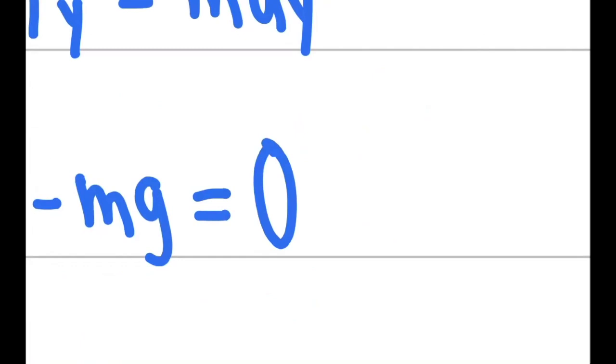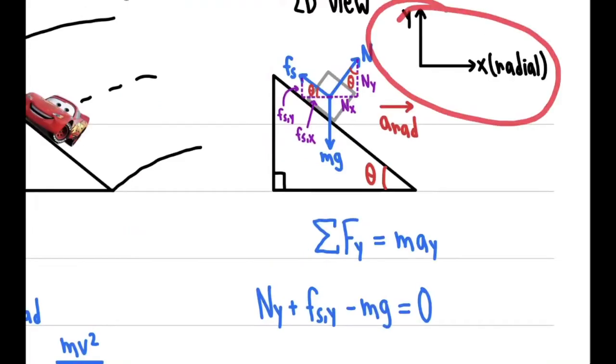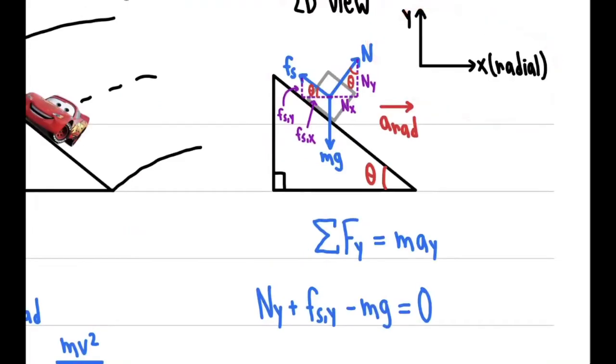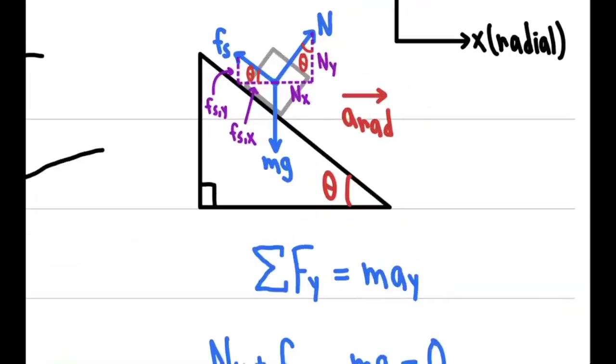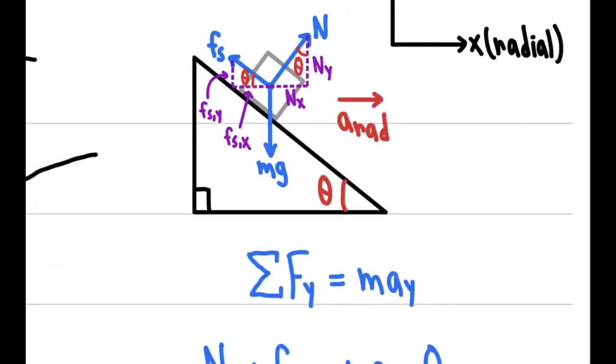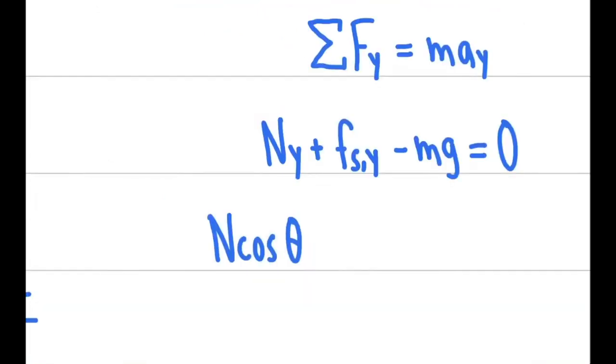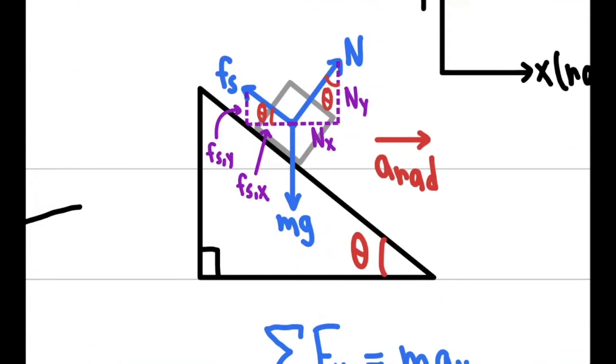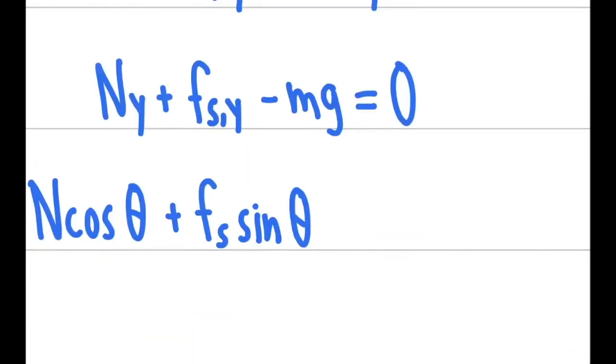So this equals 0. That's why I chose this coordinate system, so I don't have to have a rad in one direction and a rad in another. I can just say this direction is 0. Okay, so N y is N cosine theta because N y is adjacent to this angle. F s y is F s sine theta because it's opposite theta. And we just have minus mg equals 0.